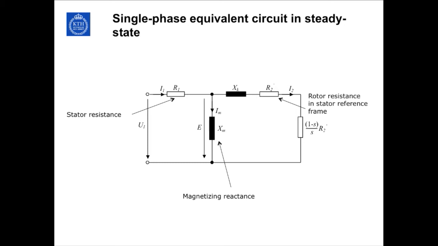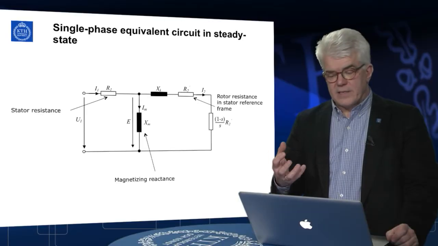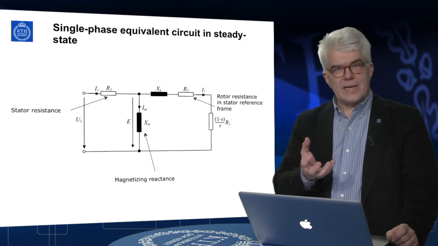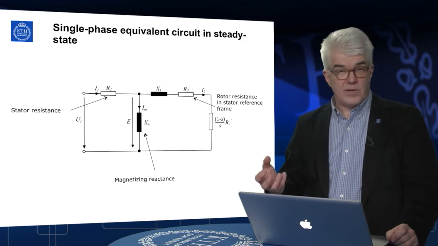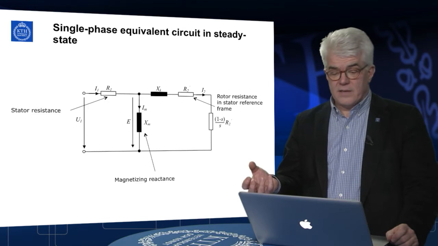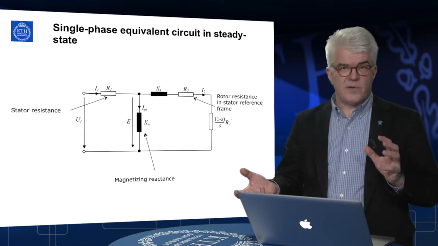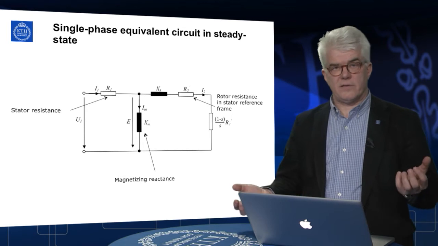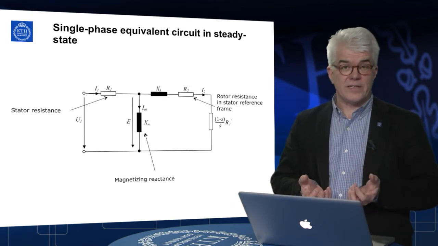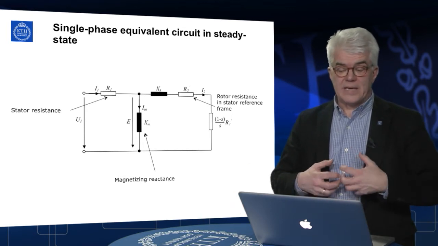The magnetizing reactance is the reactance, or the inductance, between the magnetic flux, the air gap flux, and the corresponding magnetizing current. This is a relation between flux linkage and current. That is the definition of inductance, and this is the magnetizing inductance.